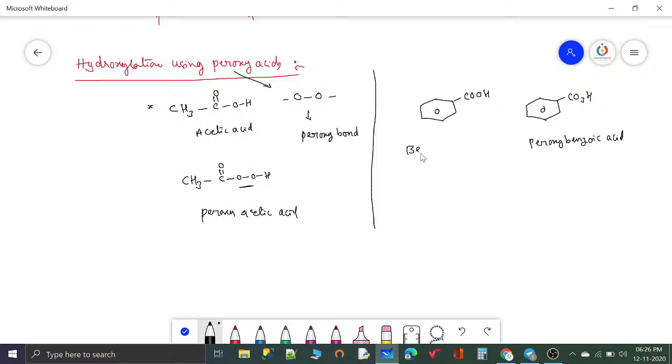Similarly, if you put one chlorine here at the meta position, with CO3H, this is called metachloroperbenzoic acid.